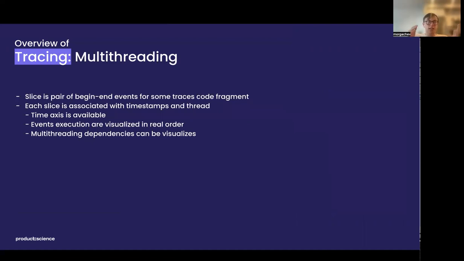A slice is, as I said, a pair of begin and end events for some traced code fragment, and each slice is associated with these timestamps and also associated with a thread. So when we are working with this, the time axis is available, and we can see really when some method was executed and what is executed in the program at the same moment in other threads, and we have all this information.